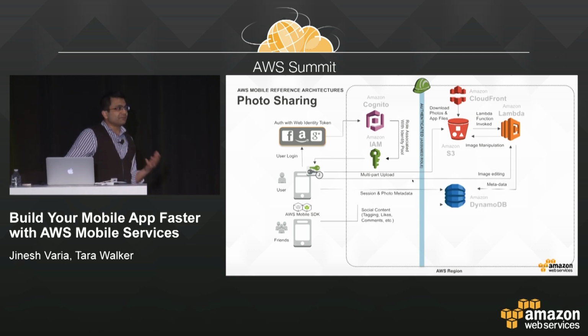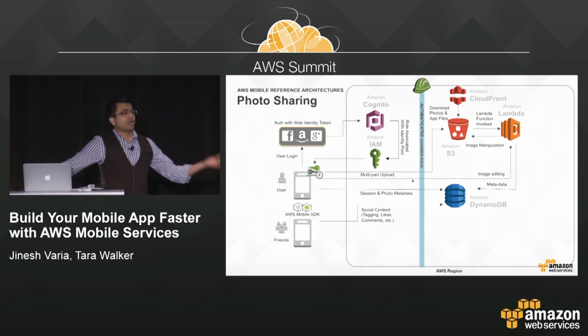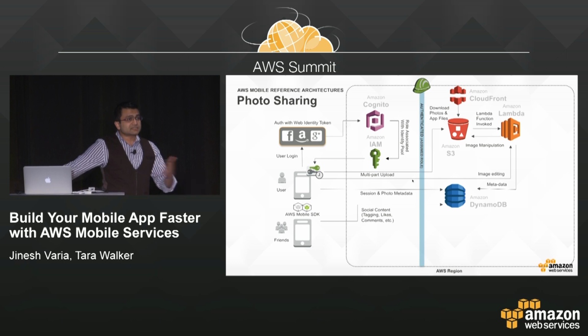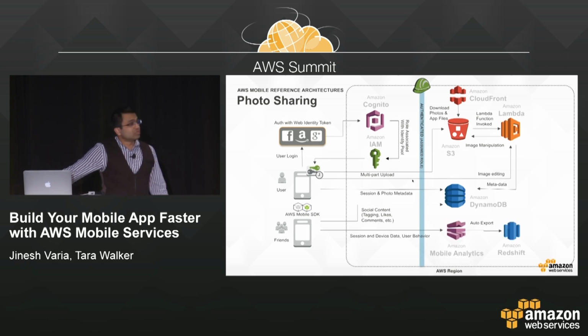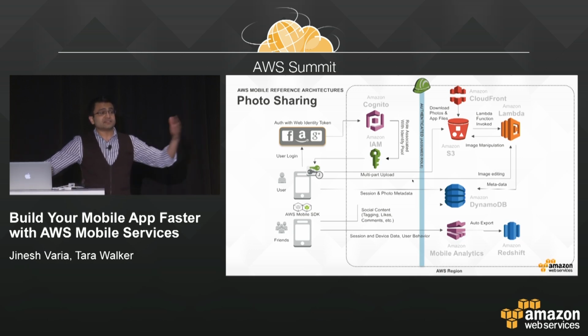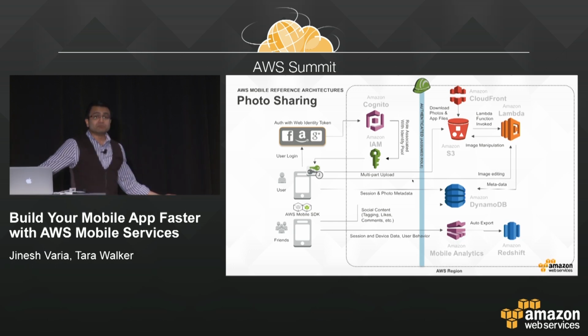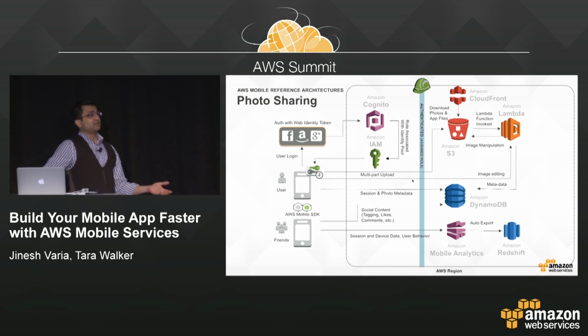You can store your metadata on DynamoDB and not have to worry about scale as well, because it scales for you. You leverage the mobile analytics side, which is focused on getting you the data you initially need. As you grow your application, you need to do more data mining. You can move that into Redshift with just one line of code.